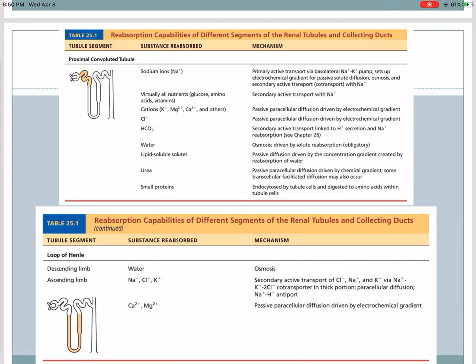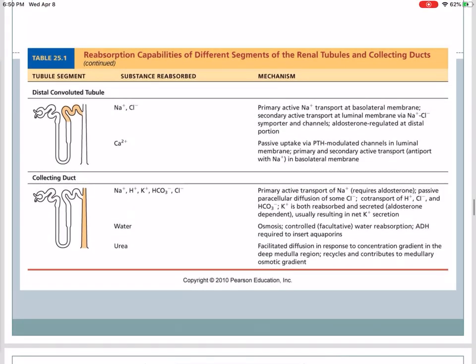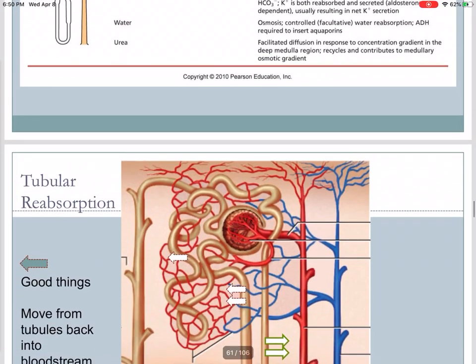And there are some different processes. Sometimes it's active transport, sometimes it's diffusion. It just depends, but you don't have to know any of these. Oh, there's even more. Look at that. But you don't have to know them.